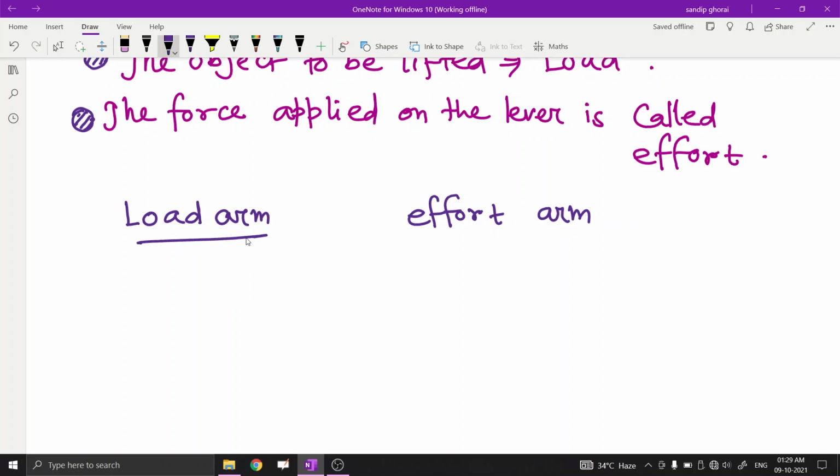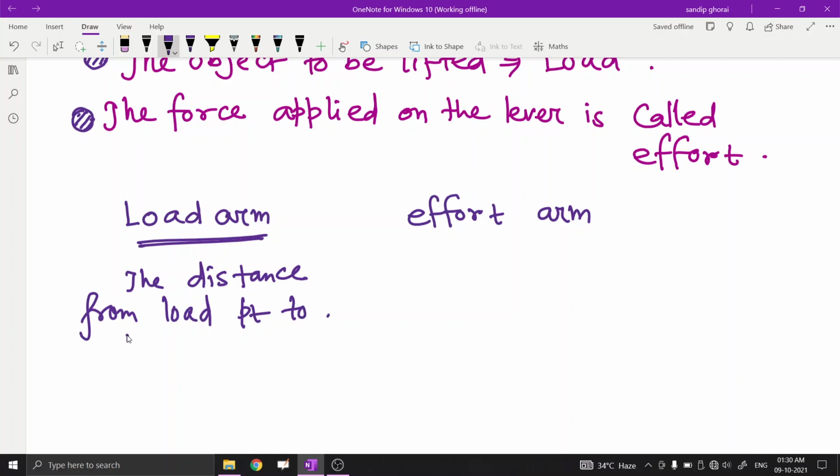The distance from load point to fulcrum is called load arm.